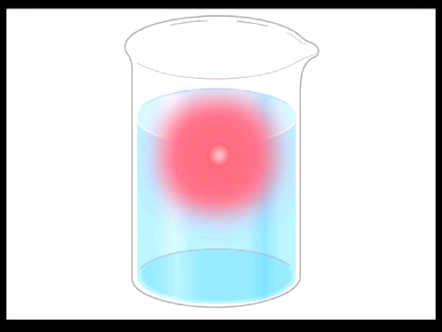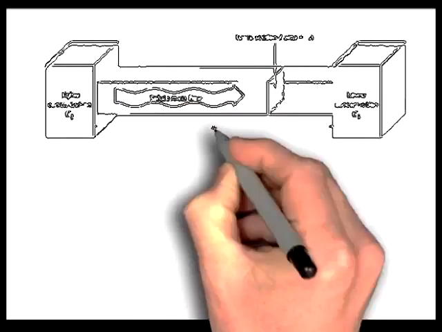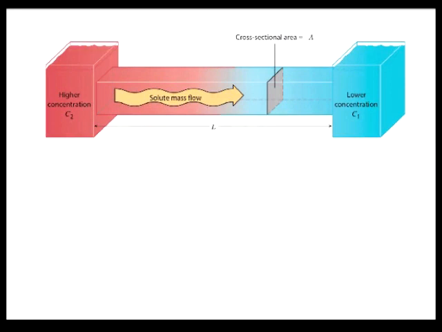The diffusion process can be described in terms of the following arrangement. A hollow channel of length L and cross-sectional area A is filled with a fluid. The left end of the channel is connected to a container in which the solute concentration C2 is relatively high, while the right end is connected to a container in which the solute concentration C1 is lower.